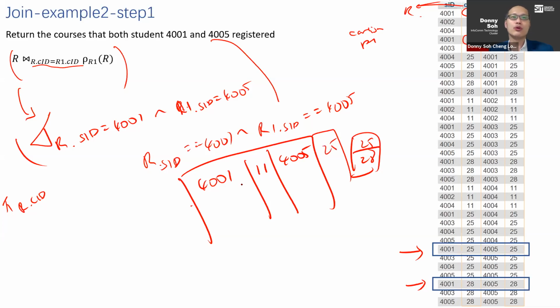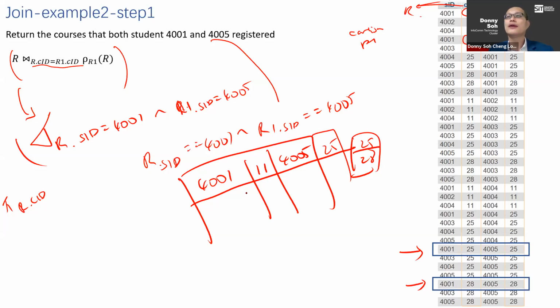So this row will also be returned if we don't do the equivalence. Initially, the first step of this join is a Cartesian product, which has all rows of one joined with all the rows of the other. So if you carry this out, you will end up with a lot of rows that look like this.